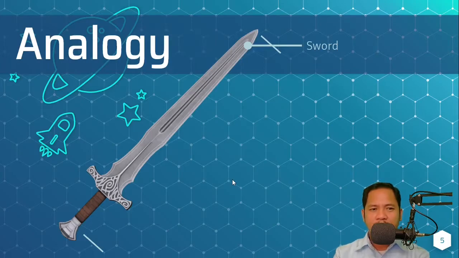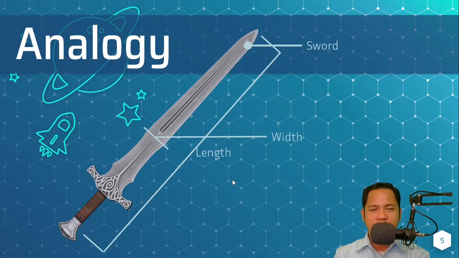For example, this sword has length. We might need to use length for our program of the use of this sword. And this sword has width, as well as sharpness. So these are the data about the sword. And in OOP, these are stored in what is known as attributes.